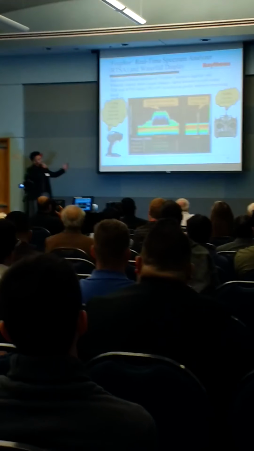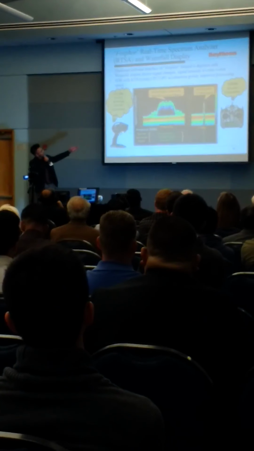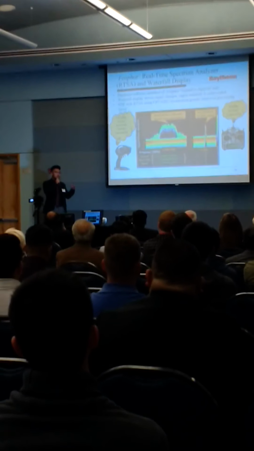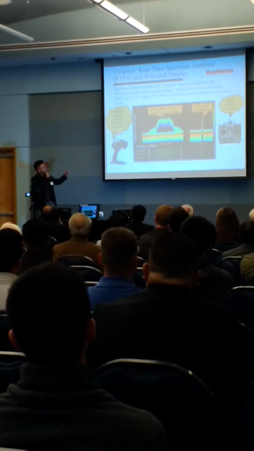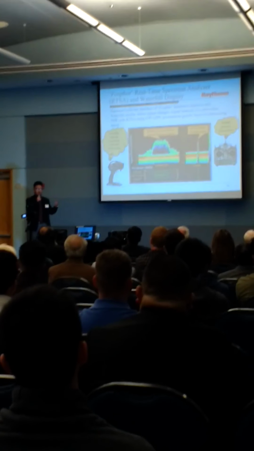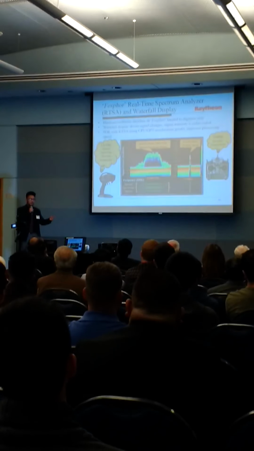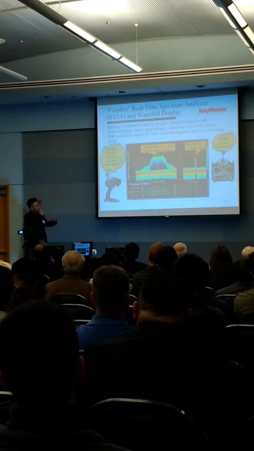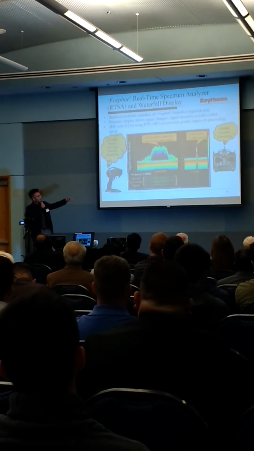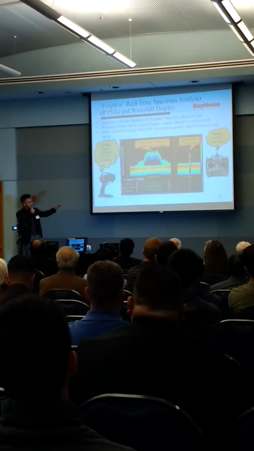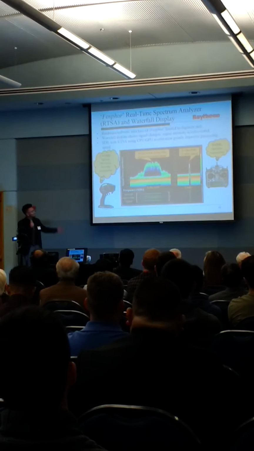The phosphor RTSA shows the frequency spectrum versus signal intensity in decibels. Beneath that is the waterfall display that shows us the changes in the frequency spectrum with respect to time. So it gives us a little bit about the history, because without the waterfall display, it would be hard to discern what type of signal is being transmitted with the naked eye.